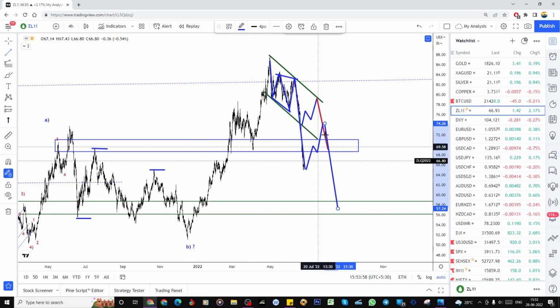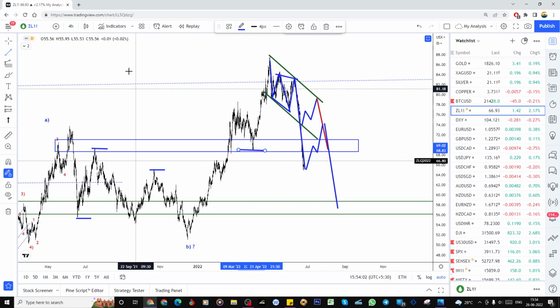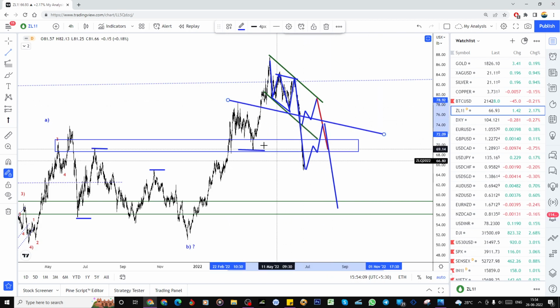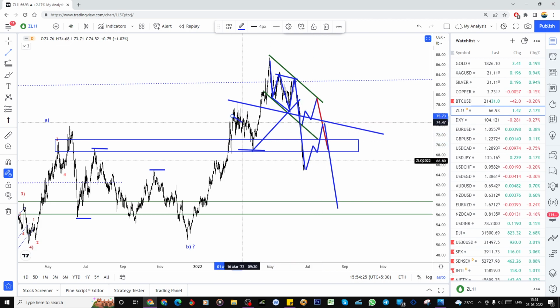That is confirmed now, because it has already taken out the 4-hour, daily and weekly anchor. So we have to wait for what you call a head and shoulder pattern, or we can make this a head, this a shoulder. So see, we need to be on the sell side. No need to expect this kind of price action to go through here.